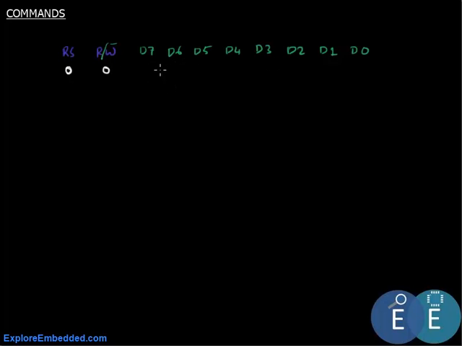Now there is a peculiar fashion for these commands, and they start with the LSB. This one shifts through the instruction set towards the left. So this particular bit, if it is 1, is a command to clear the display.